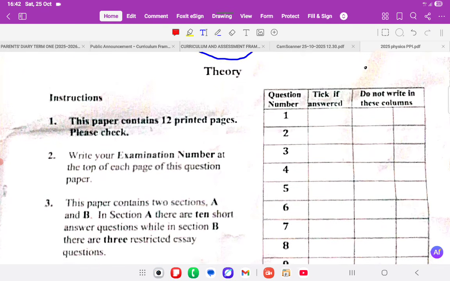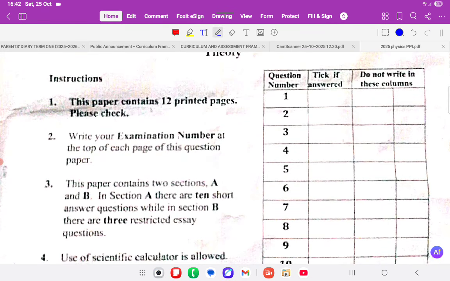Take note, you have to know the structure of the paper. The paper contains 2 sections, namely sections A and B. In section A, there are 10 questions which call for short answers, while section B has 3 restricted essay questions.